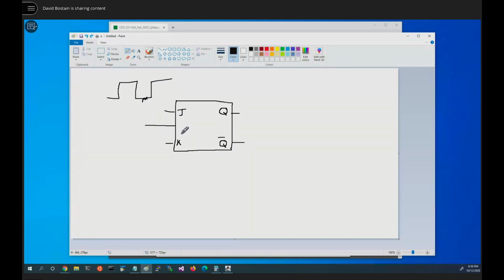Now, if what we have is edge-triggered, except for the oddball case of a JK MS, there'll be a little triangle drawn here. The triangle implies edge-triggered, and it's edge-triggered on the rising edge. If we put a bubble here, it's edge-triggered on the falling edge.